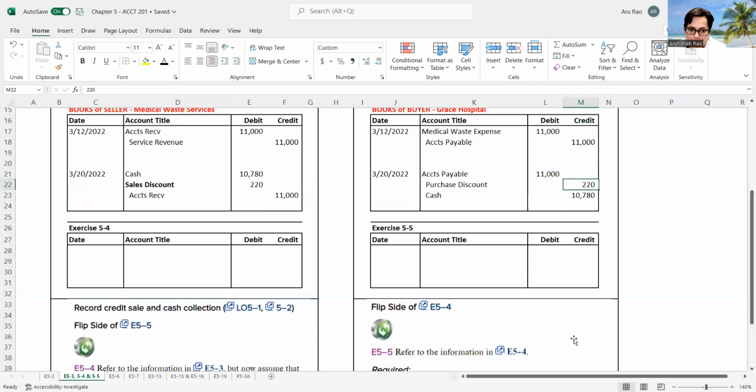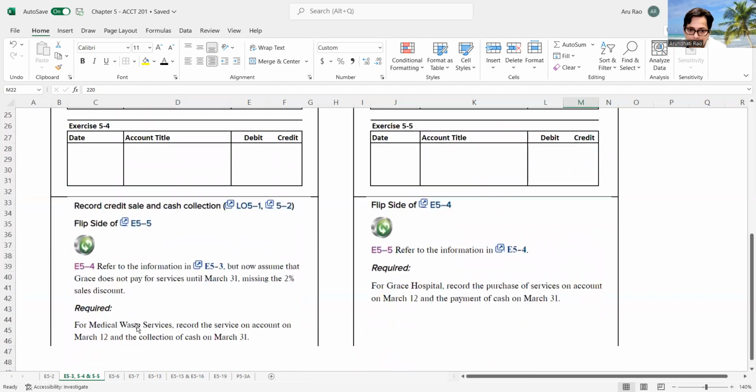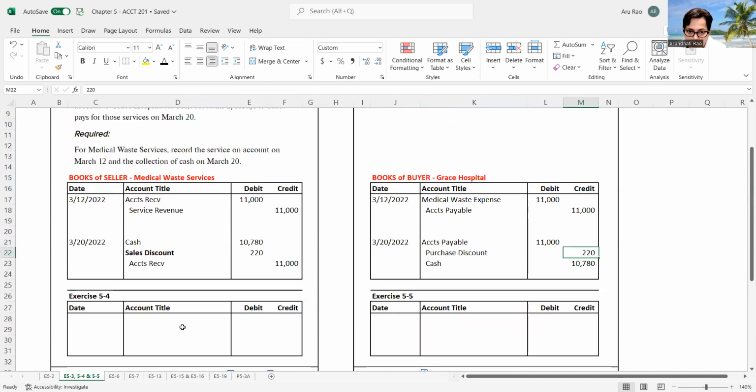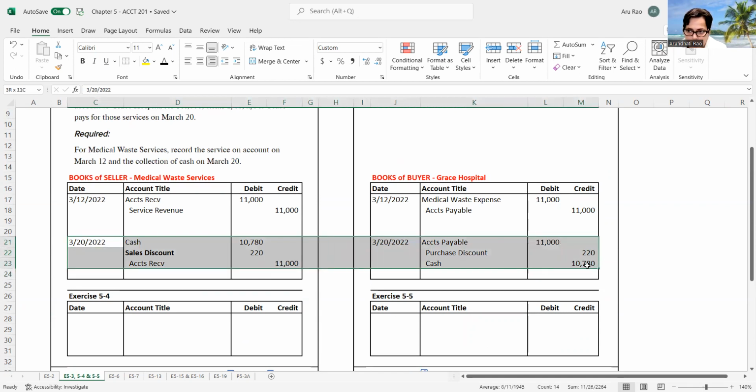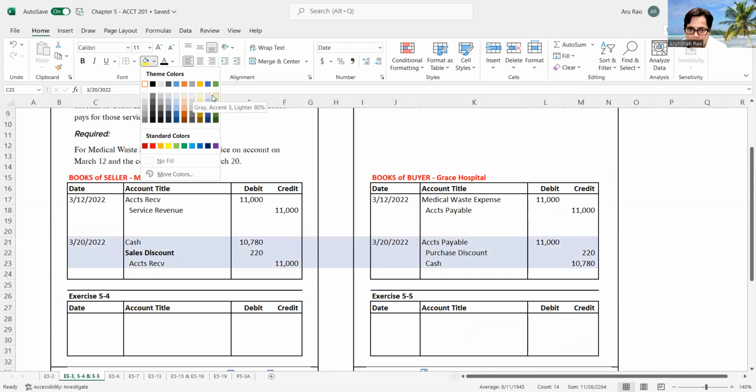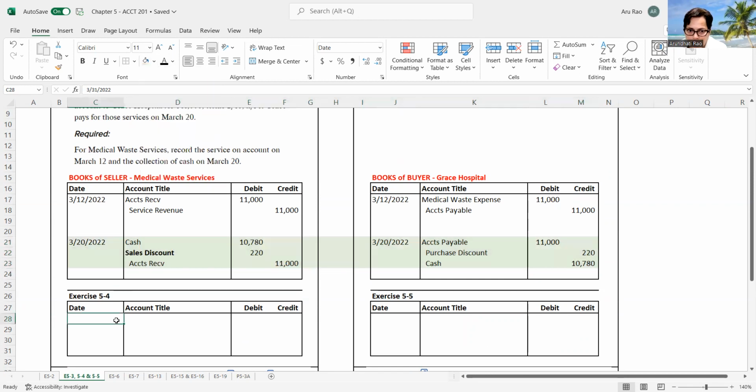Now, what happens if the payment is made on the 30th, or the 31st? They don't pay within the 10 days, they pay after the 10 days. So instead of this journal entry, let me highlight this over here and say that this journal entry is not being done. Instead, the check comes in on March 31st. So they're paying within the 30 days, but they're past the 10-day window.